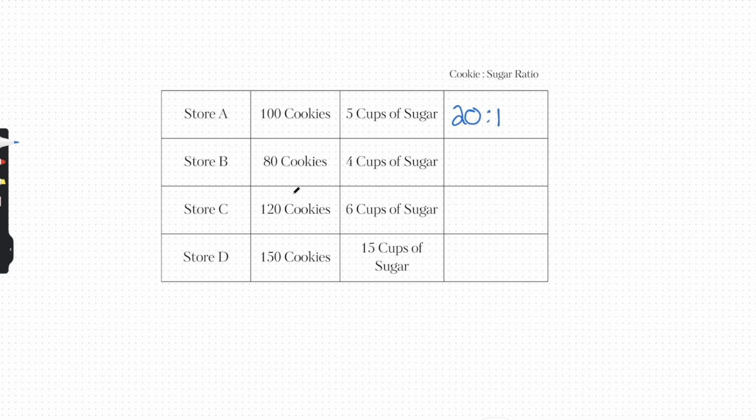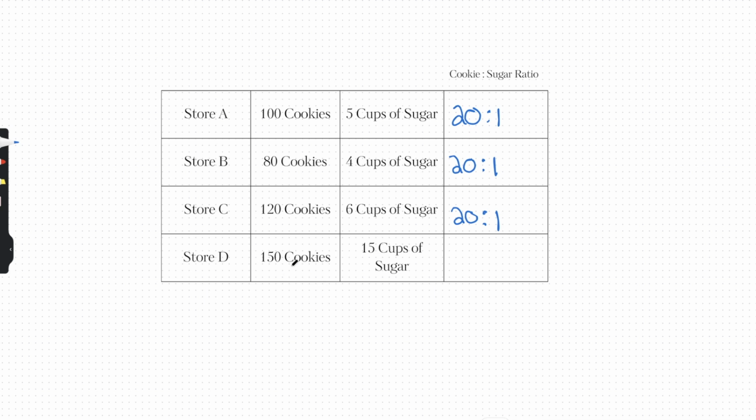Now for store B, 80 divided by 4 is also 20. So again, the ratio is for every 20 cookies, we need 1 cup of sugar. Now, for store C, we have 120 cookies for 6. So 120 divided by 6 is also 20 to 1.